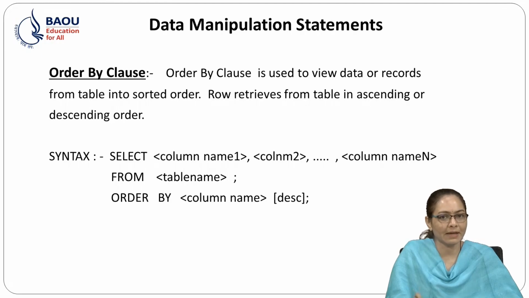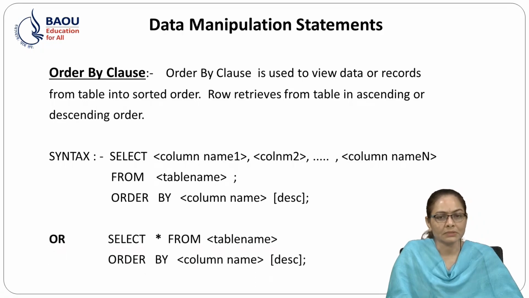If we display in ascending order, then we don't write the DESC. If we display the records in descending order, then we write the DESC. The command is completed after the order by, so we don't put a semicolon after the from clause.